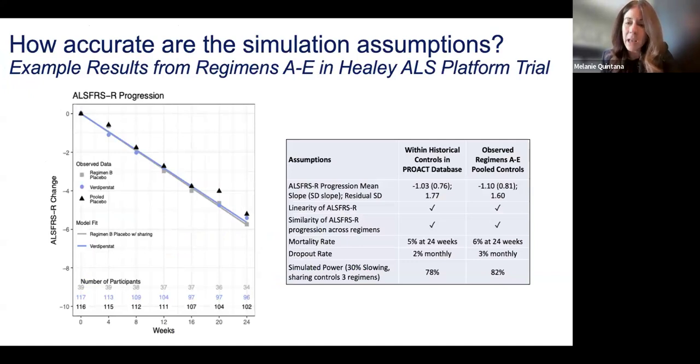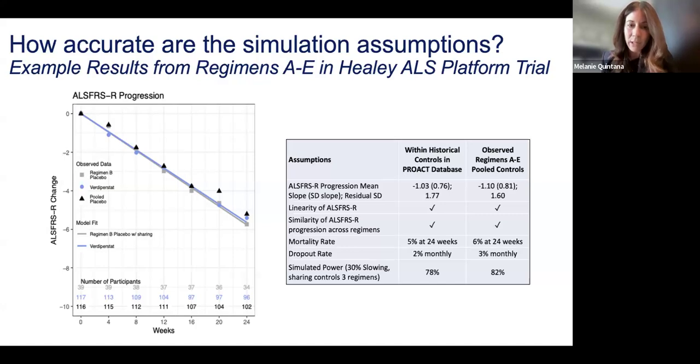And what we've seen is that our assumptions using the PROACT database, as one might expect because it was built from clinical trials, were very concordant with what we observed in the first 5 regimens of the platform trial. Similar rates of progression on ALS-FRSR within the population. Both the PROACT database and the observed regimens demonstrated linearity.